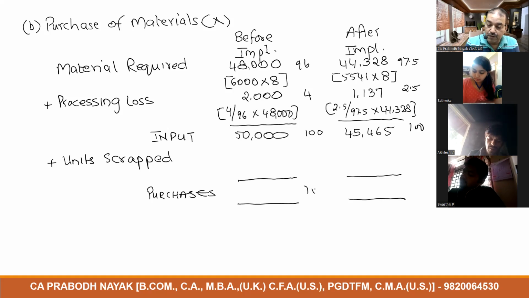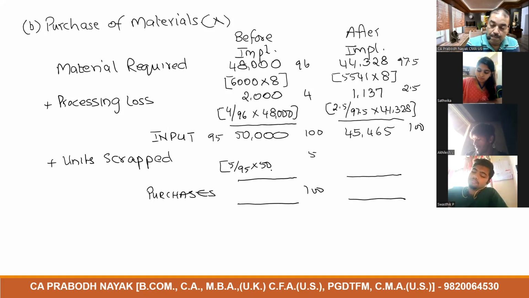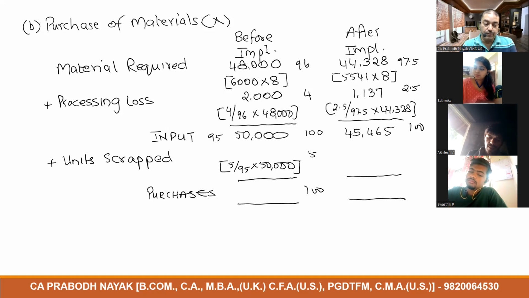So this is 100, this is 5, so this will be 95. So 5 by 95 into 50,000 is 2,632.